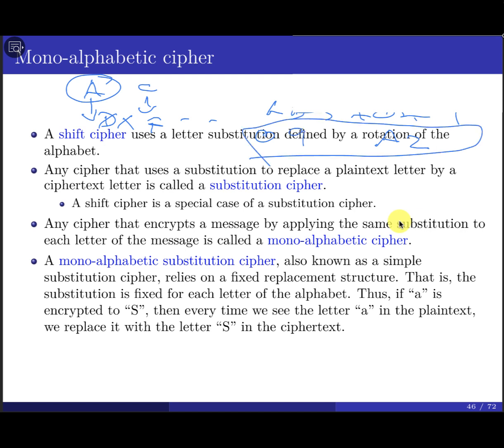For simplicity, we'll just say from A to Z, but you can expand this to any character, even special characters. You can use plus, minus, multiplication, division, whatever. So we might have many different monoalphabetic substitution ciphers.